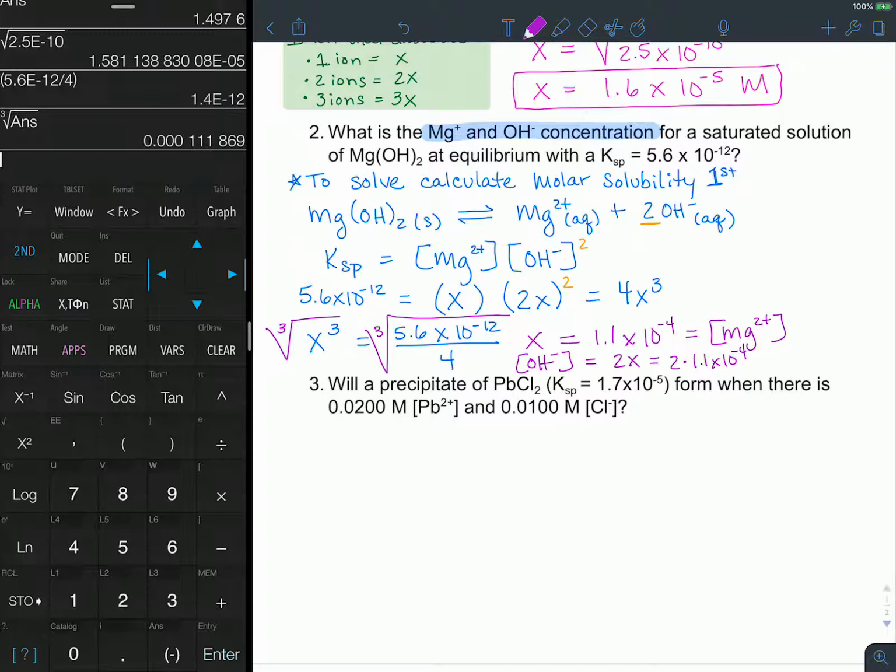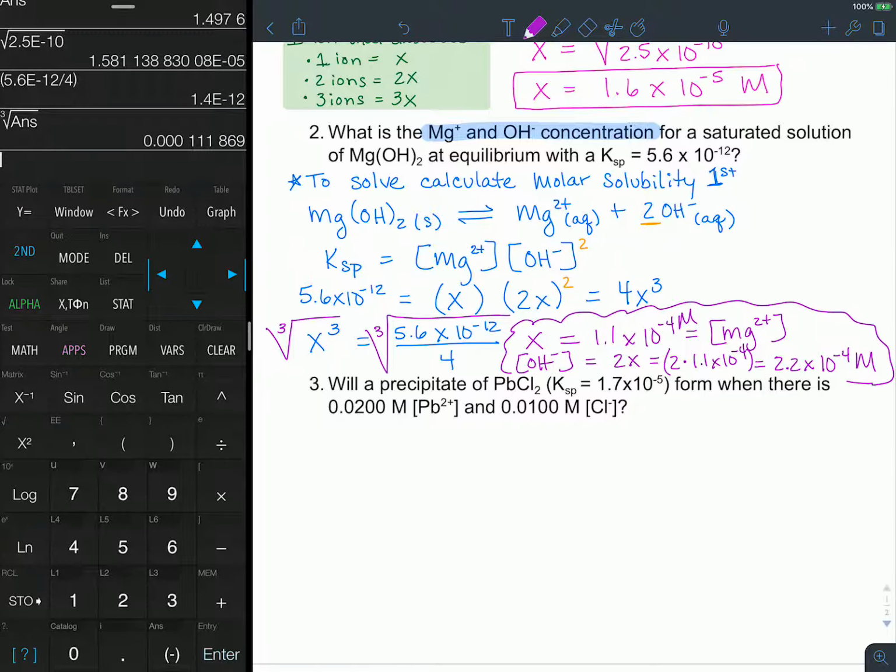And that is equal to 2.2 times 10 to the negative 4th molar. I should put molar in here as well. So those are our answers down below here.